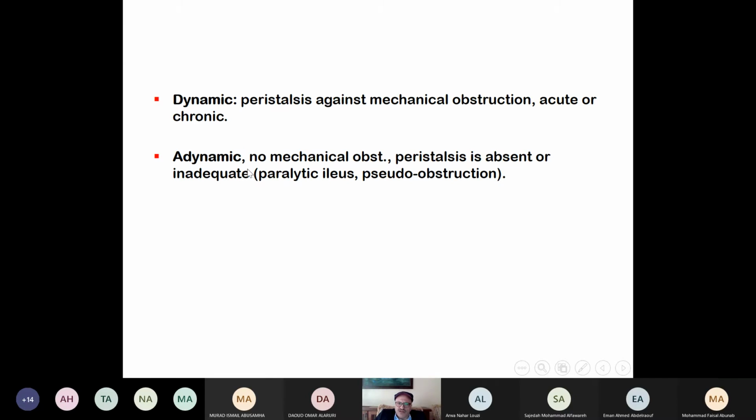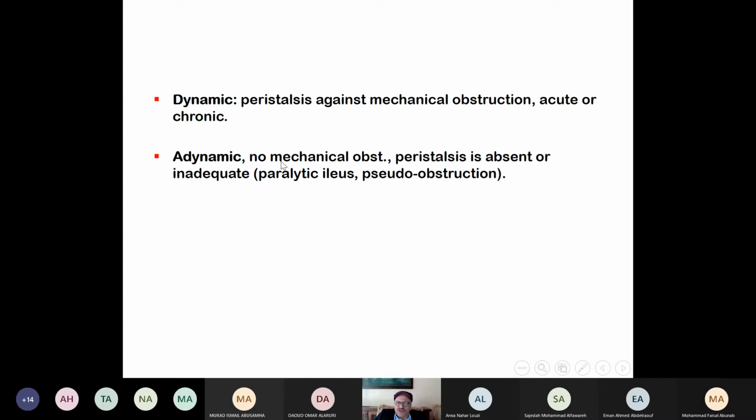The adynamic, there is no mechanical obstruction. The peristalsis is absent or inadequate because the original problem is immobility.